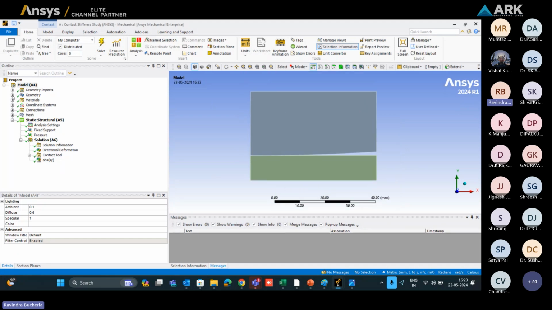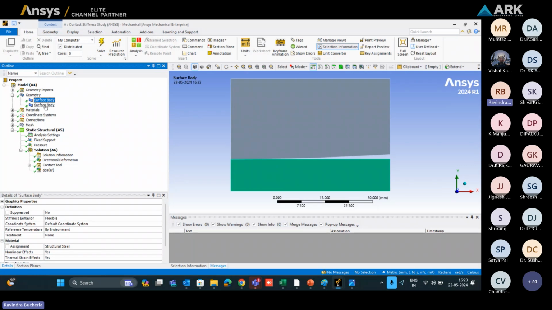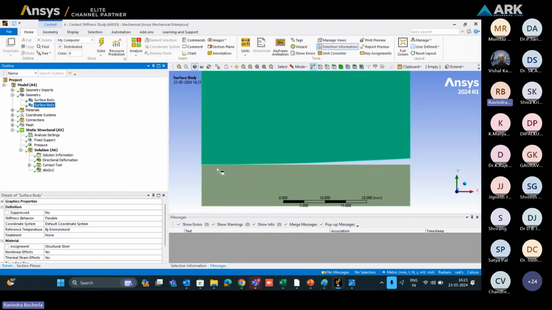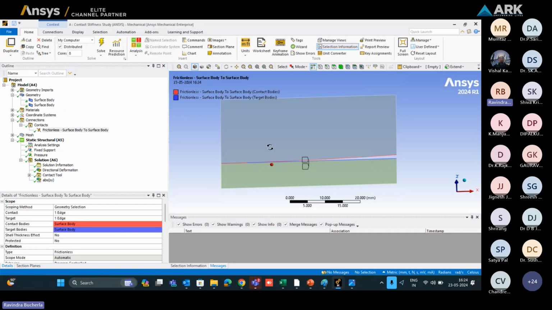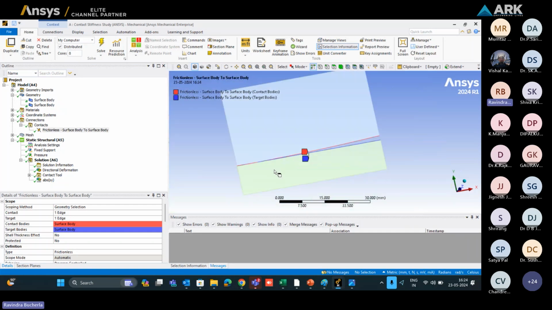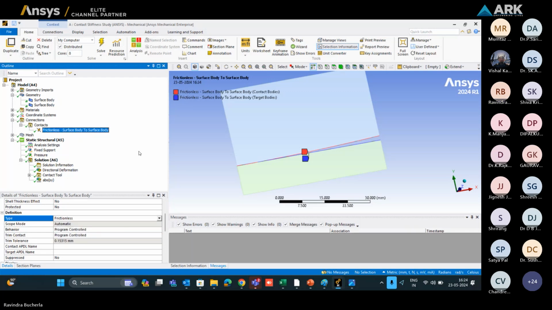So here we have two components: one is the bottom body and the other is the top body, and these two bodies are sharing the contact here. You can see that the type of contact between these two bodies, I'm considering as frictionless, but basically here we have five types: bonded, no separation, frictionless, rough and frictional.